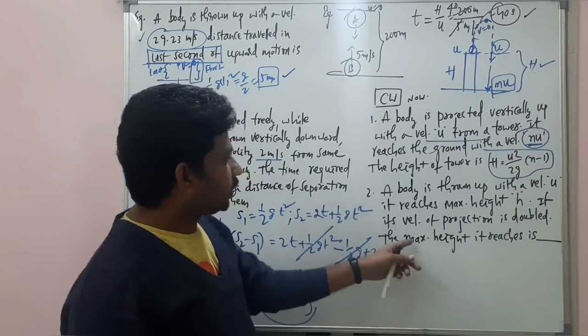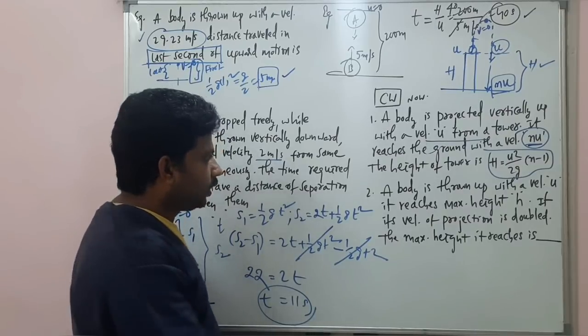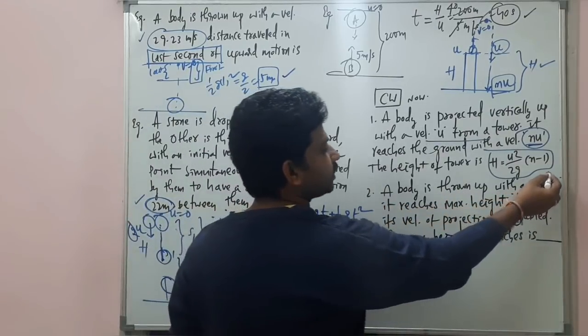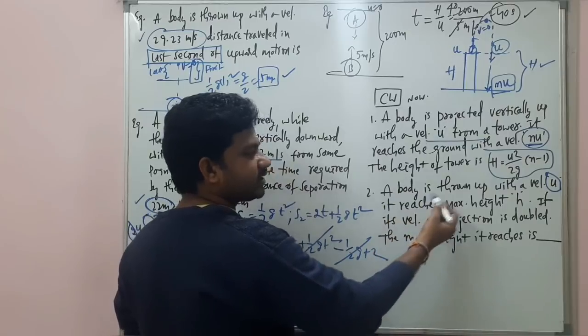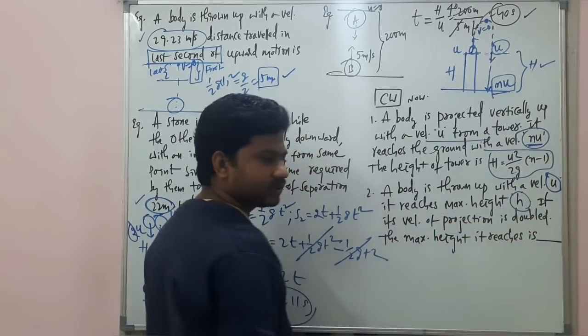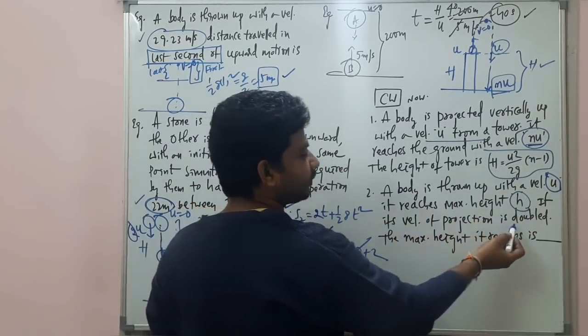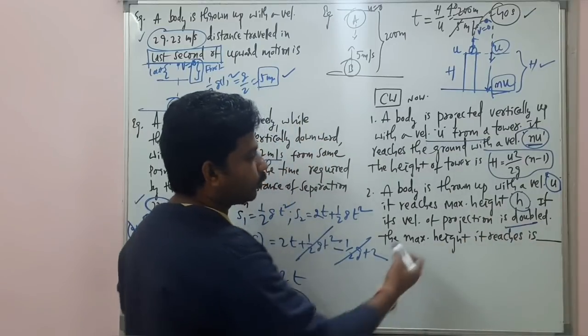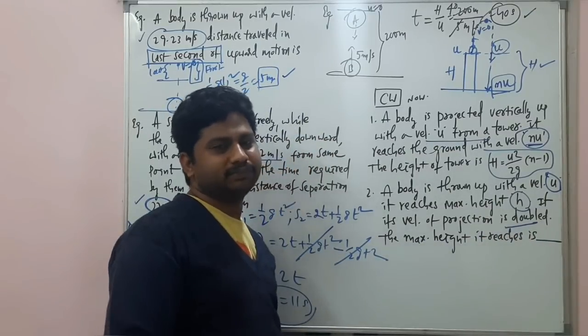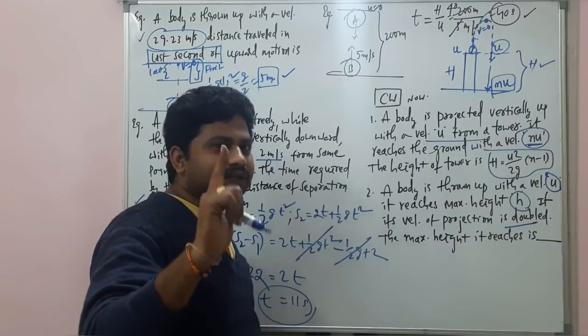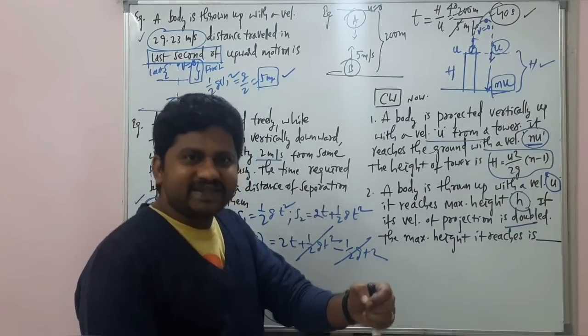Okay. So look at this expression. A body is thrown up with a velocity u. It reaches the maximum height h, capital H. If the velocity of projection is doubled, then what is the maximum height? It's so simple, right? So just there is single case involved here. Body is just thrown up.